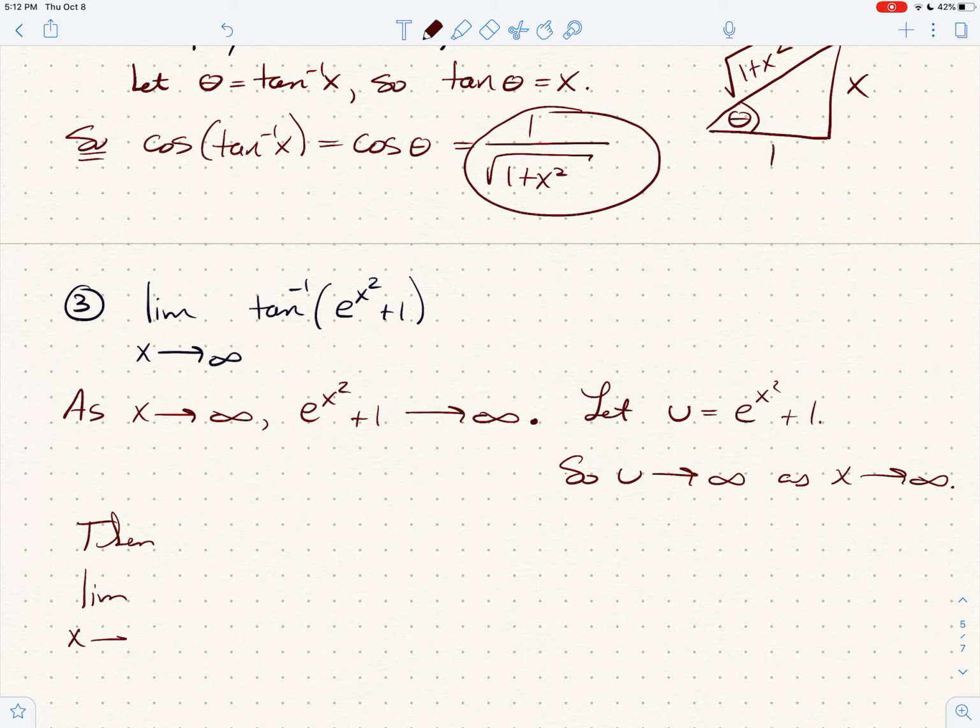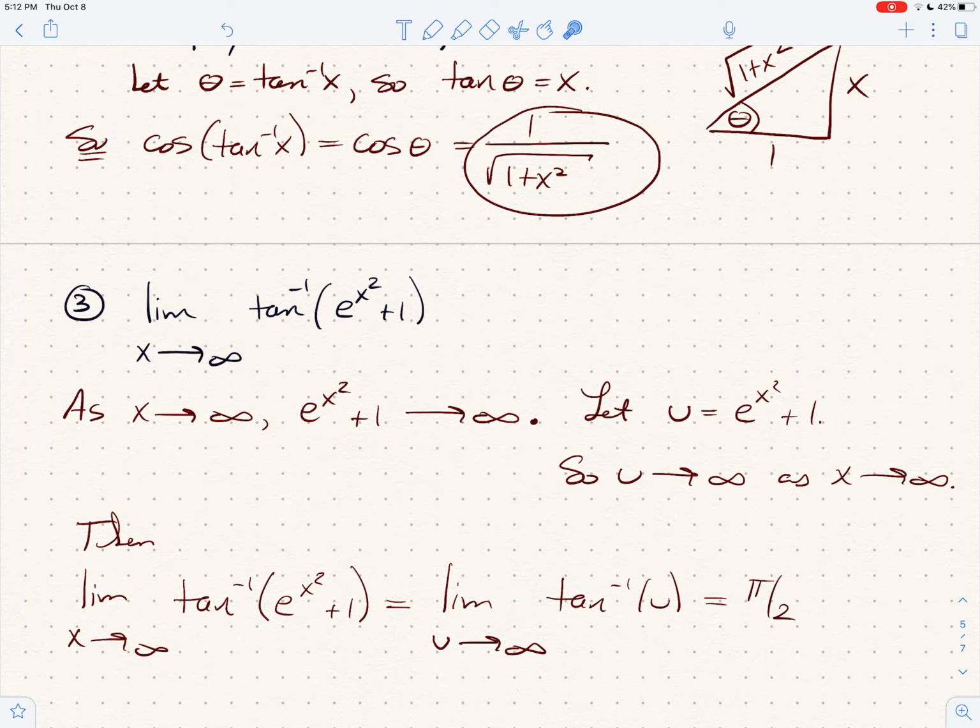The limit as x goes to infinity of the arctangent of e to the x squared plus 1 is equal to the limit, now think with me, what's happening? x is going to infinity, pushes this to infinity. But we called this u. And so I can write this as the limit as u goes to infinity of the arctangent of u. And I know that that's just pi halves. We know that as the inside of arctangent goes to infinity, the whole thing goes to pi halves.